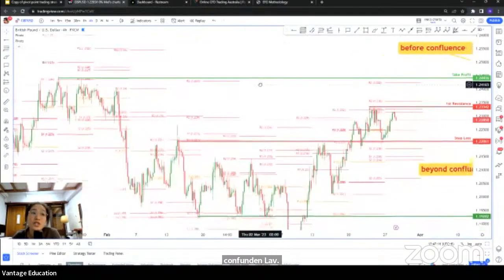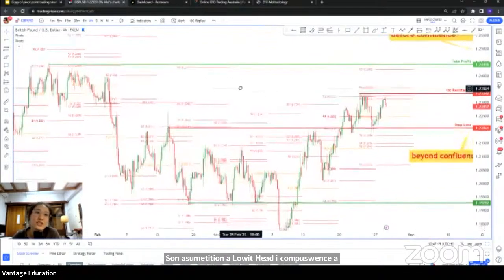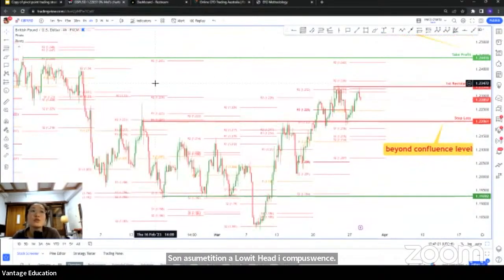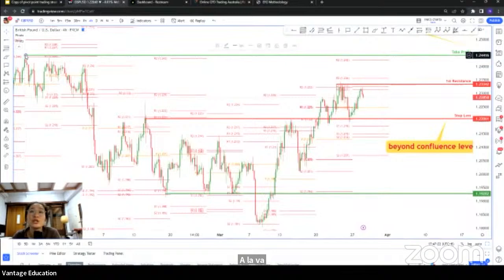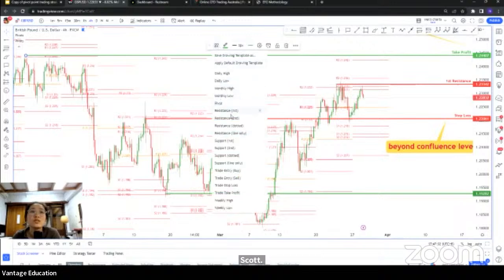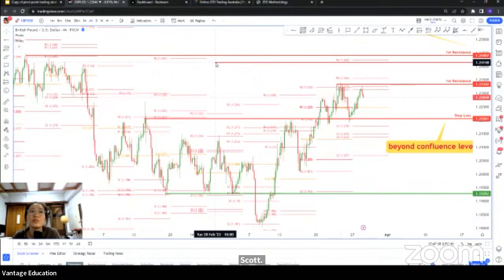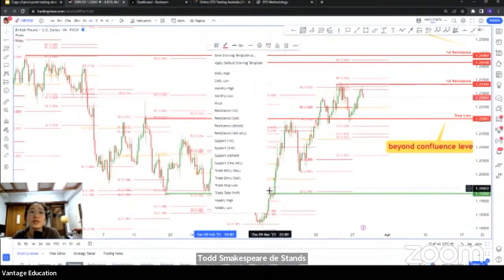So as we mentioned earlier, we have a confluence of resistance levels over here, right? So typically our take profit, we want to put it before this confluence level. So this is my first resistance. My take profit will probably be somewhere before. So further down here, this would be my take profit.